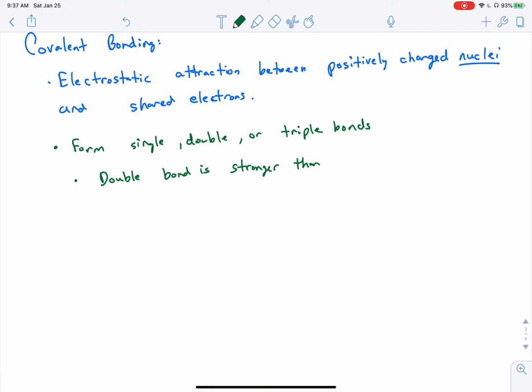So a double bond is stronger than a single, but not 2 times stronger.